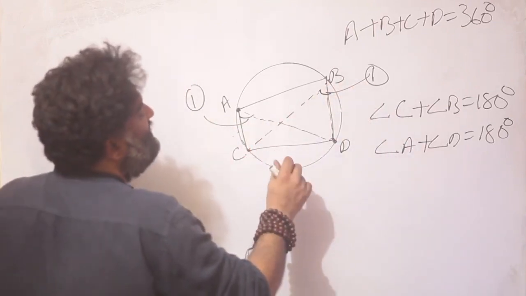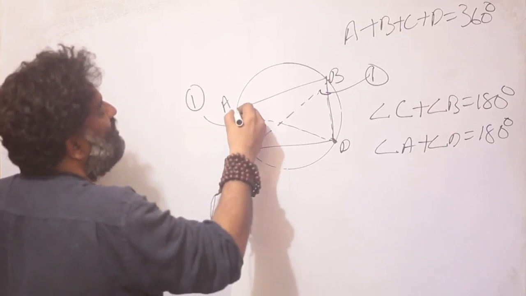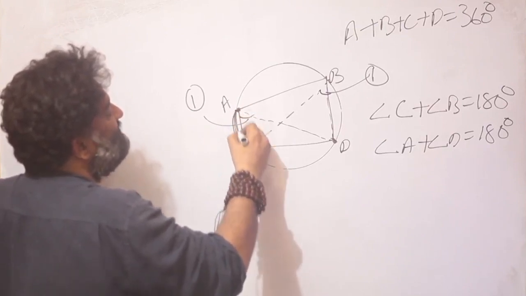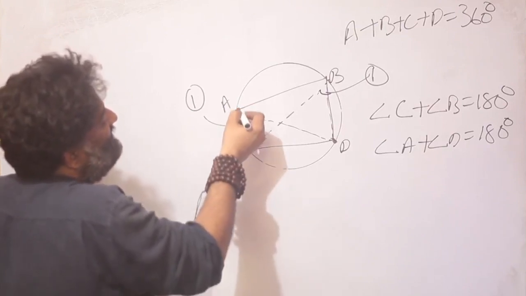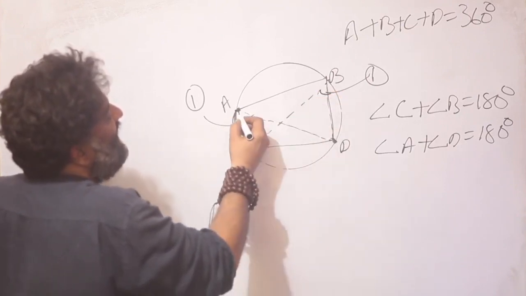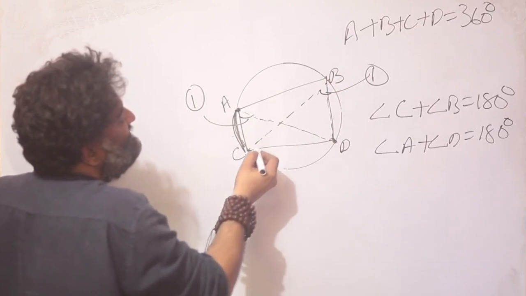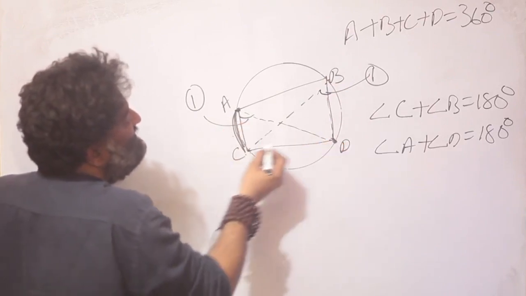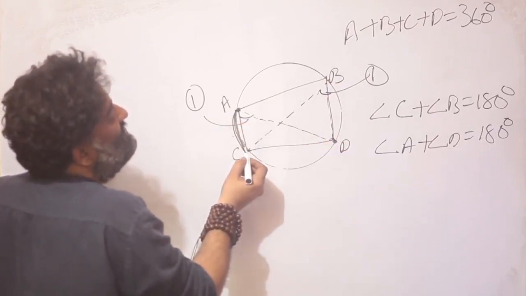So this is done. Now change your point of view. Now think of the arc AC. If I think of arc AC, connect A with D and connect C with B, I know angle ABC and angle ADC are going to be equal to each other. Why?